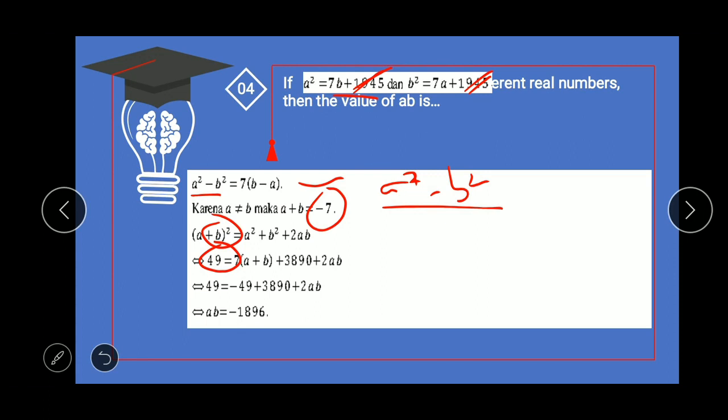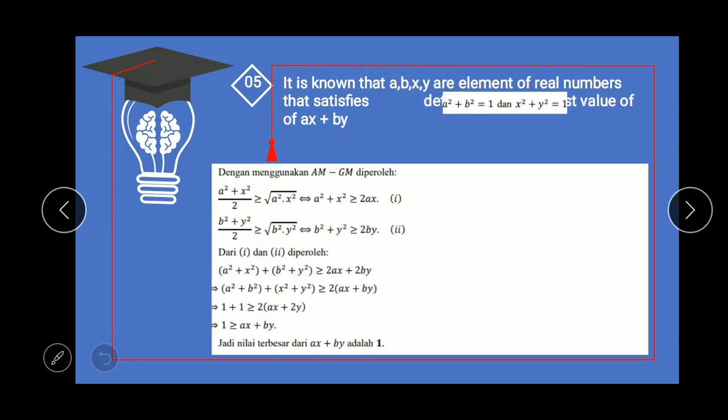Then we substitute a squared plus b squared plus 2ab, and we find this form. After that we can simplify, and we find that ab equal to -1896.